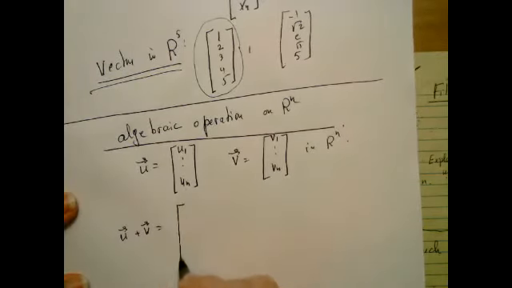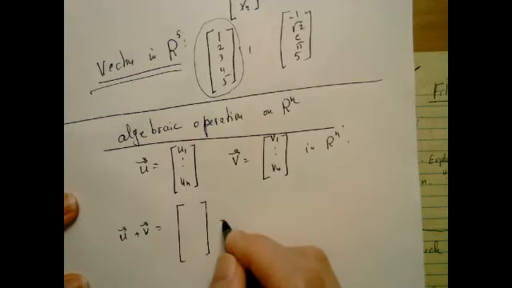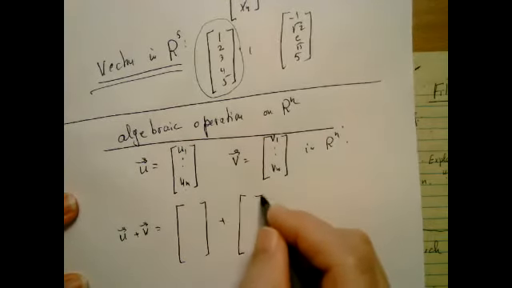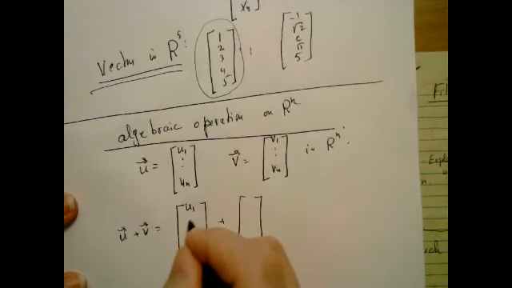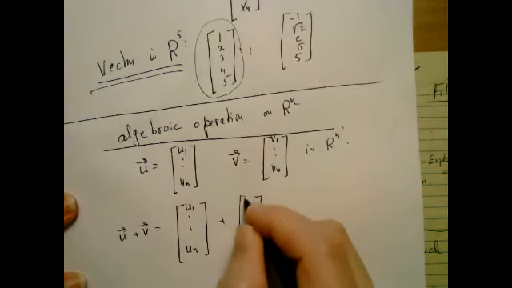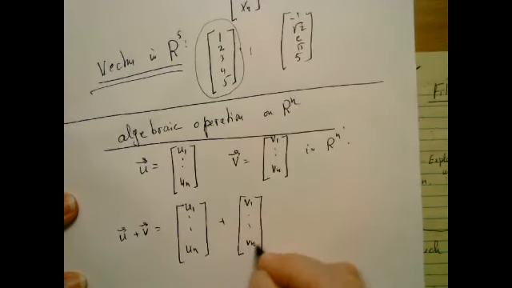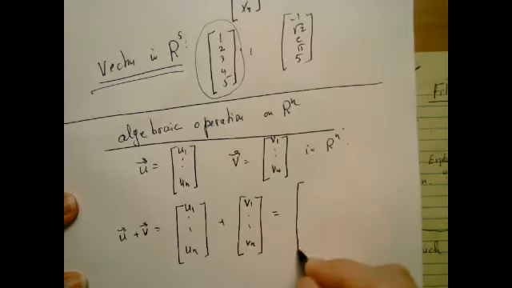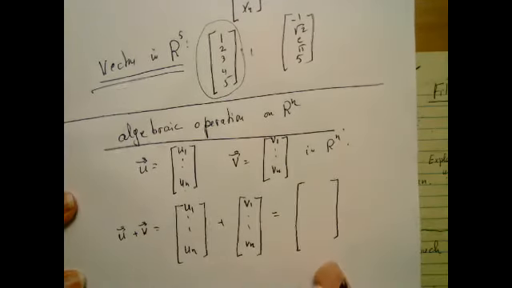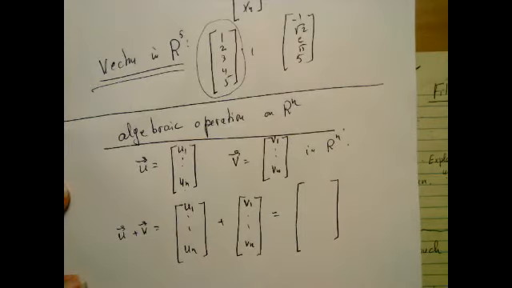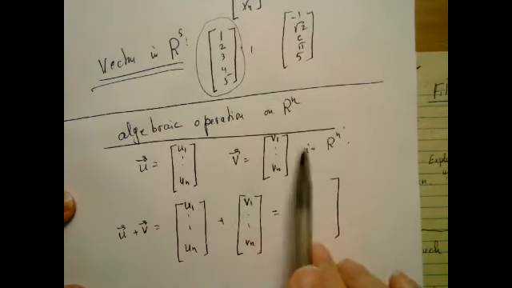What does it mean to add vectors in Rn? Adding u1 through un and v1 through vn will create a third vector, and u plus v is obtained as follows. We want our intuition to guide us. If I have vectors in R2 and I add them geometrically, the new vector has for components u1 plus v1.